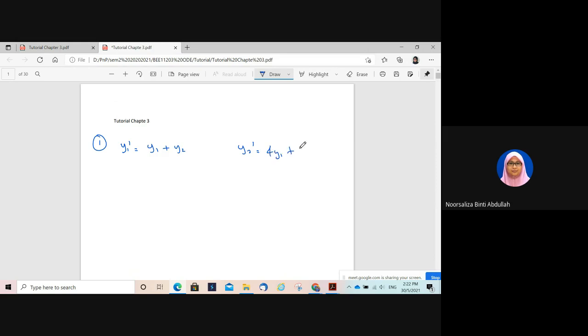So you have to prove that this Y1 and this Y2 are the solutions of this system.